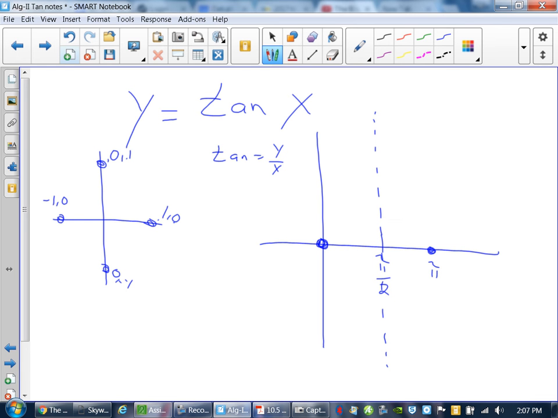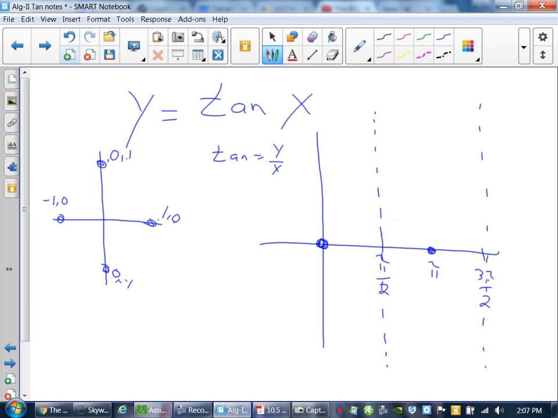And then if I go to 3 pi over 2, I'm back to an asymptote. Because what's negative 1 divided by 0? Why is it a negative 1? I'm just doing the quadrantal ordered pairs.